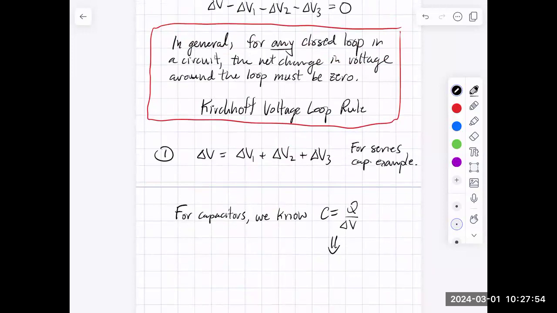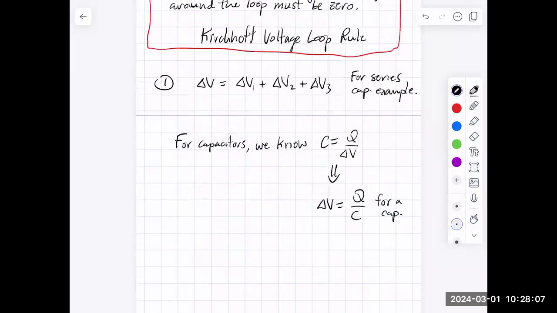And so I could express the voltage of a capacitor as Q over C. So specifically then, delta V1 is going to be Q1 over C1. Delta V2 is going to be Q2 over C2. Delta V3 will be Q3 over C3.